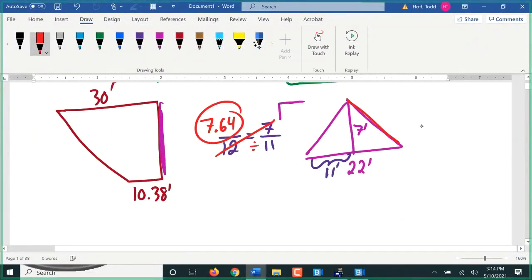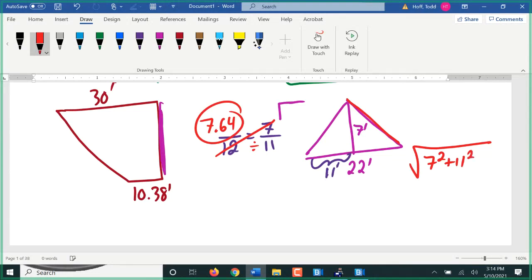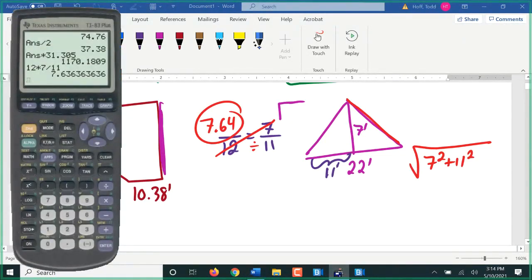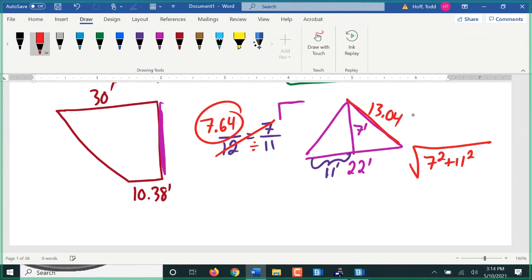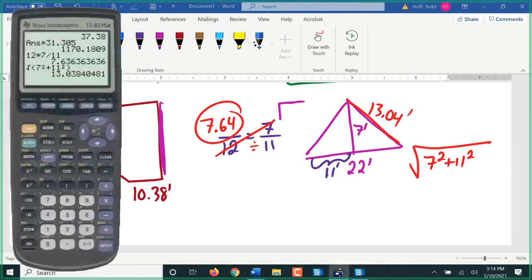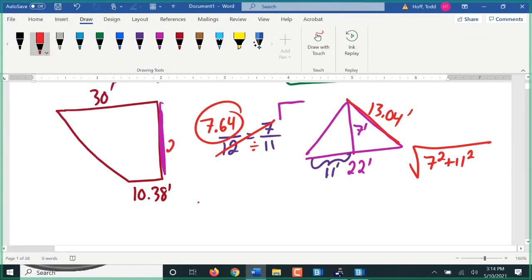To find the length of this, it'll just be the square root of 7 squared plus 11 squared. That'll be 13.04 times 2, 27.08.